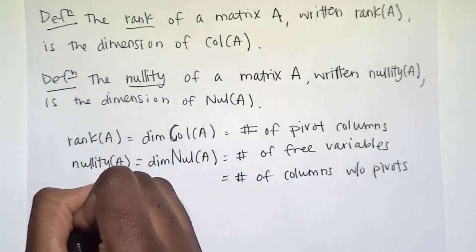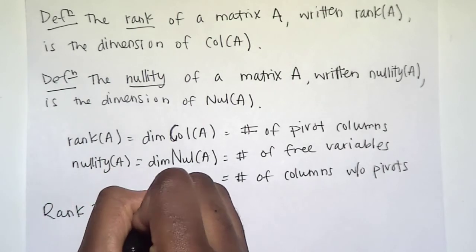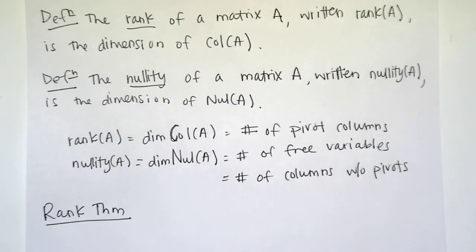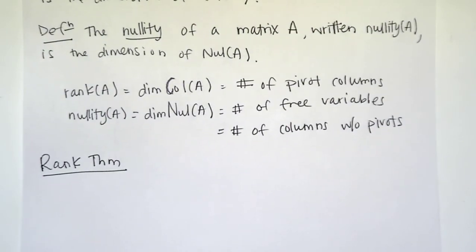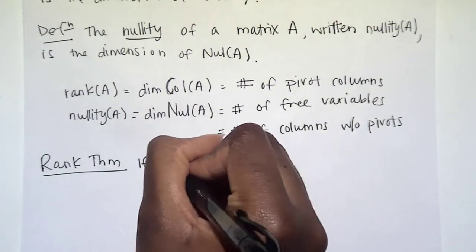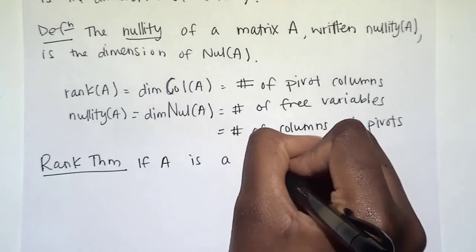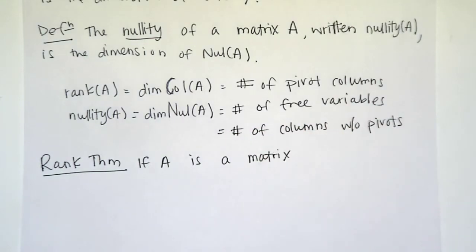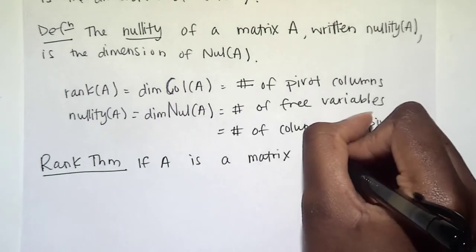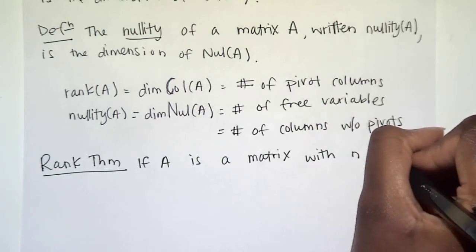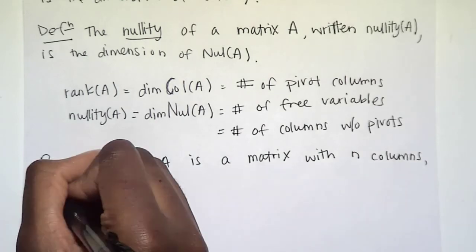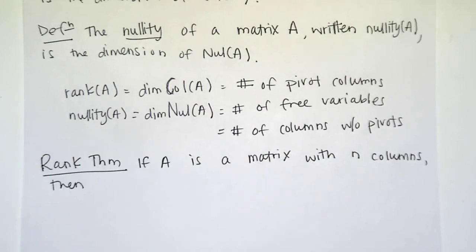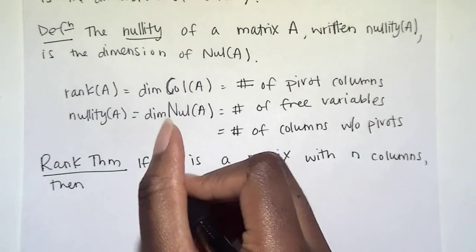So let's write that out. So remember, named theorems are important, so you should know what this one says and be able to use it if you need. All right, so the rank theorem says if A is a matrix with n columns, then we have this equation.